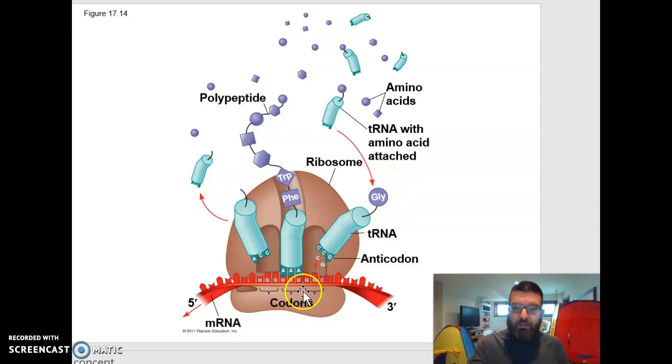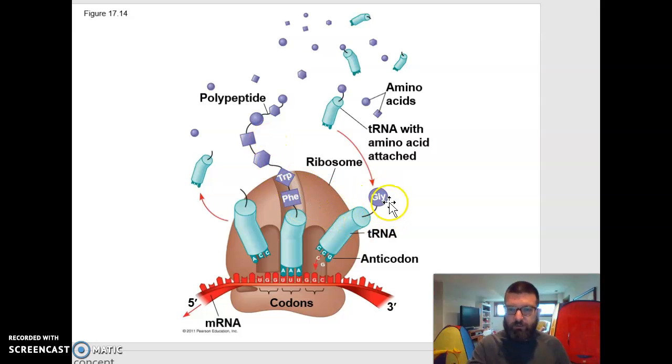And in this way, this mRNA codon will always code for the addition of a glycine to our growing amino acid sequence, our growing polypeptide. And this mRNA codon was coded for by a specific DNA triplet code. And so ultimately, there are many steps in between, but the DNA code ultimately dictates what the primary structure of the polypeptide is, right?